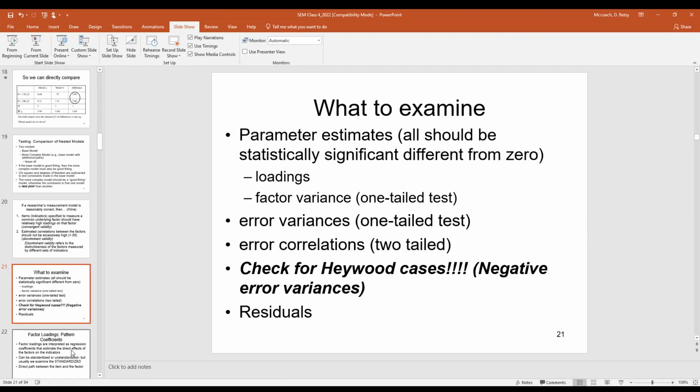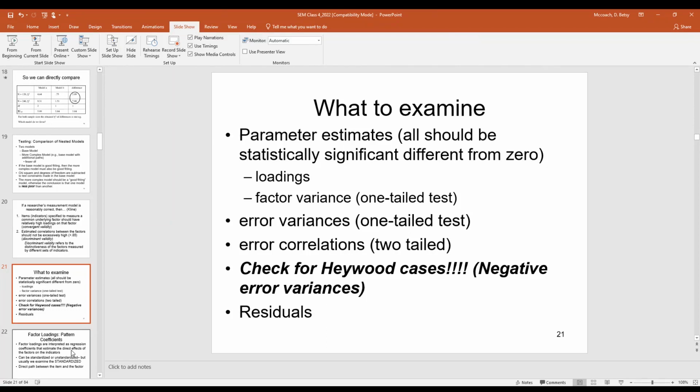Anytime you end up with a negative error variance, that's what we call a Heywood case. I don't know why it's called a Heywood case. I don't know who Heywood was, if he was the first guy that noticed this. I should look that up. But a Heywood case means there's a negative error variance, and that's what's called an inadmissible solution.